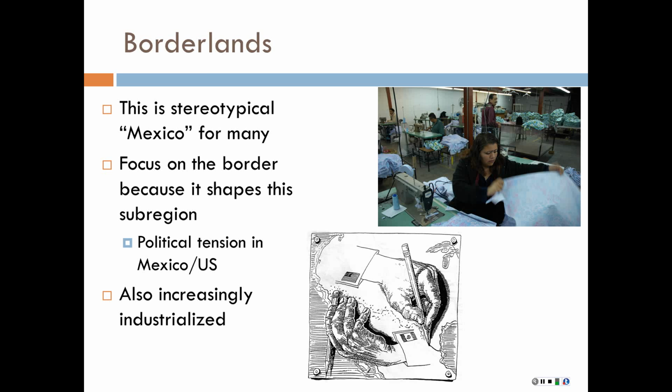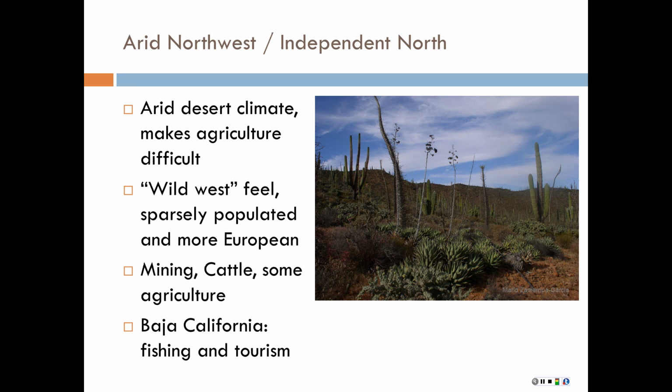The arid northwest, to give you a brief overview, and the independent north are fairly similar. They're desert climates that are very dry, of course, making agriculture difficult. They're sparsely populated, and those folks that live there have more of a European background.